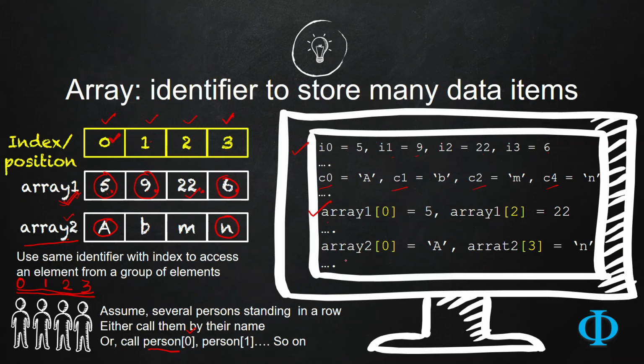Similarly, if we come to array 2, the item at index 0 of array 2 is A, and the item at index 3 of array 2 is N, something like this.